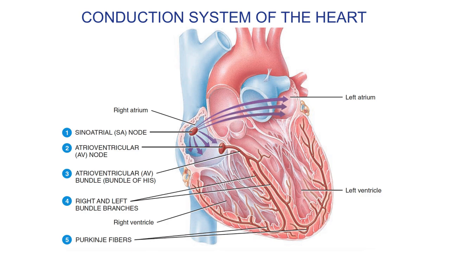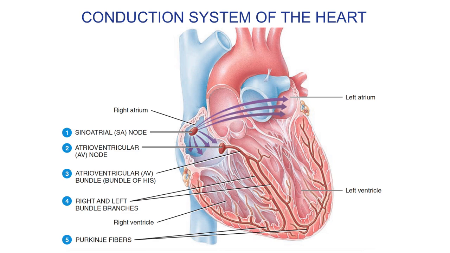This is the left bundle branch, and this is the right bundle branch. The information going to the left side will pass through the left bundle branch, and that going to the right will pass through the right bundle branch.